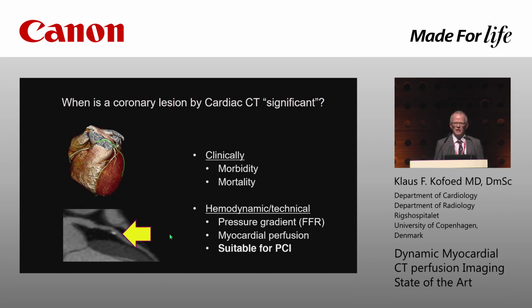And I put something here that also is very important: if we are doing imaging, if it's significant, is it suitable for PCI? That means that if you find smaller vessels where you think there is hemodynamic significance, and they can't put a stent in there, is it still significant?